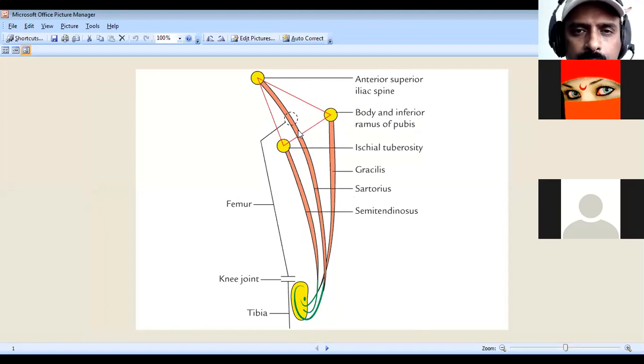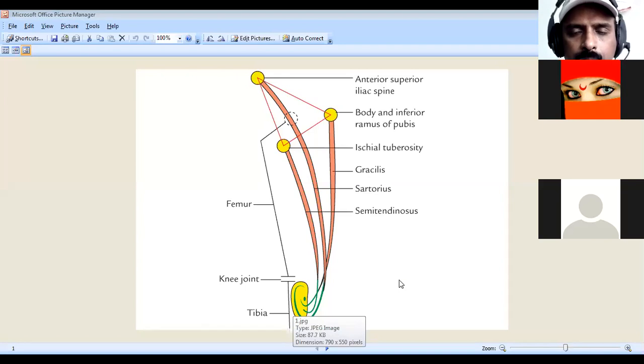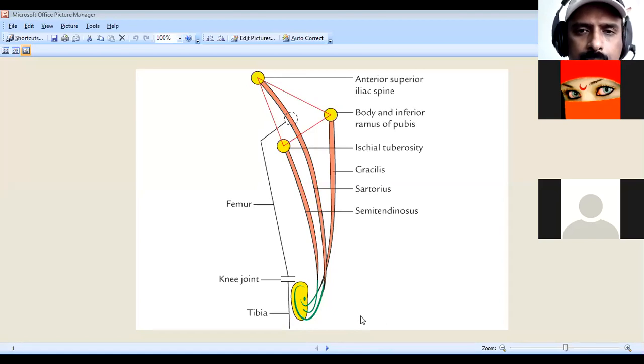Guy ropes are rope-like structures formed by the muscles of each compartment of the thigh, attached from the different elements of the hip bone, and anchored like a hook at one point on the medial surface of the upper part of the shaft of the tibia. So that is what we call a guy rope.